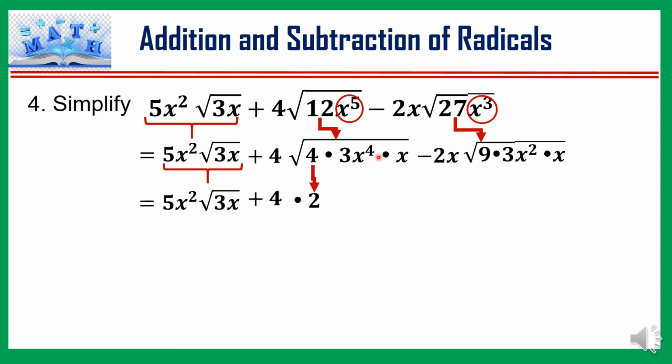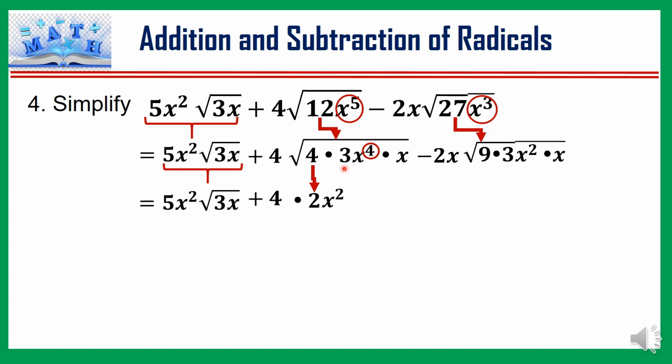Next, again, sabi ko kanina, we're going to divide the exponent of the variable by the index. At ang magiging answer nun ay ilalabas natin kasama ng variable. So, 4 divided by 2 ay magiging 2. Kaya ilalabas natin yung variable na x with exponent 2 or squared.